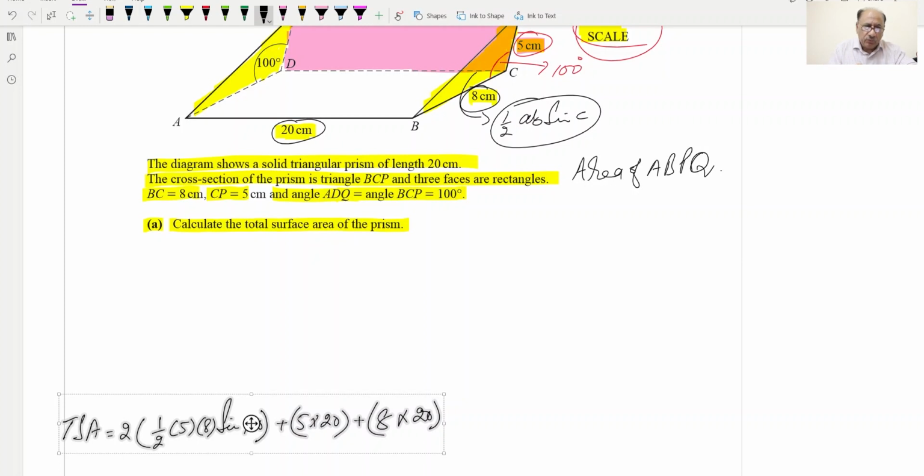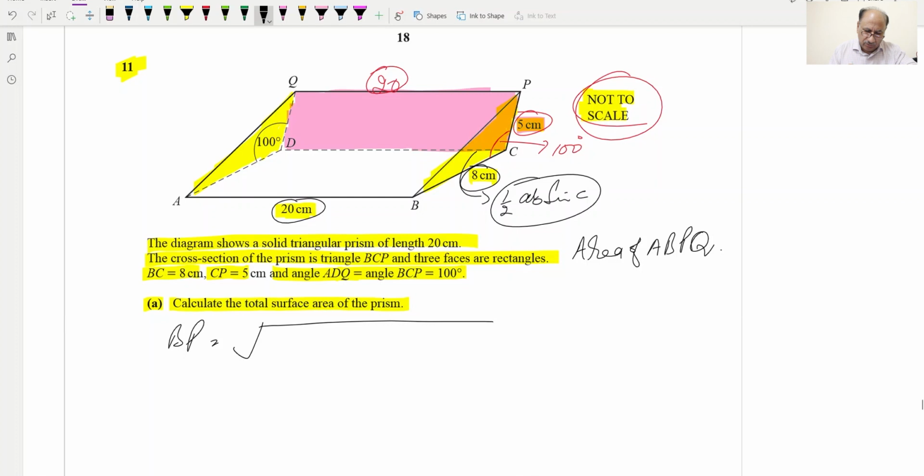So BP is equal to, applying the cosine rule, BP squared is equal to one side squared plus the other side squared minus 2 into one side into the other side into cos of the angle, which is 100 degrees.